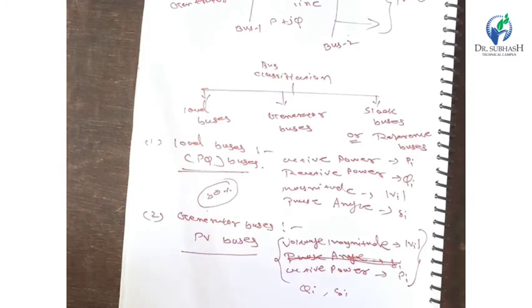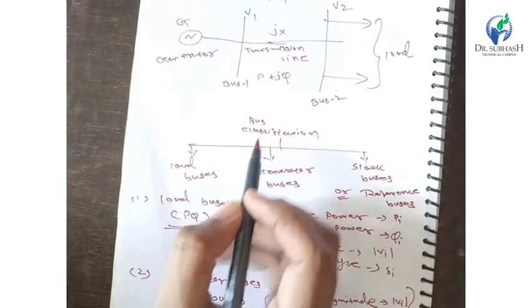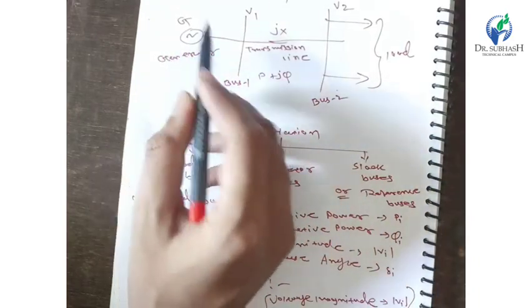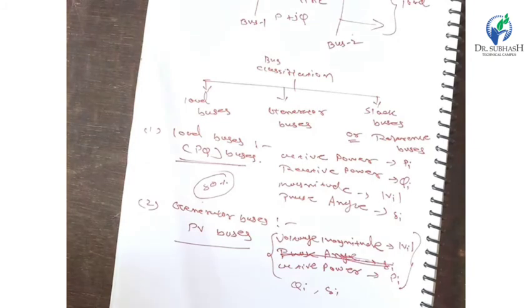These buses always have a generator connected to them. In these buses, the generator is connected at the starting point. This type of bus comprises about 10% of the buses in a power system.